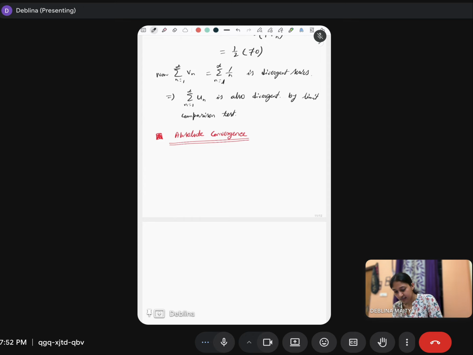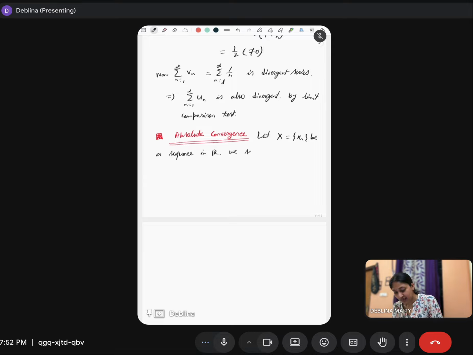So let X = (xn) be a sequence of real numbers.